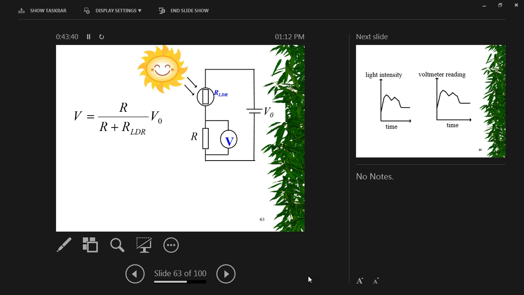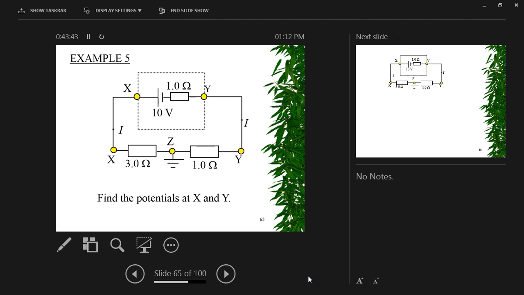Okay, sorry, so now I've gone through the easy examples. We need to do the slightly more difficult ones. So take a look at the example 5 circuit first. Okay, take a look at it. Now in this example, right, we have a battery.